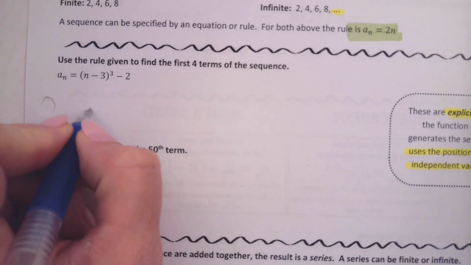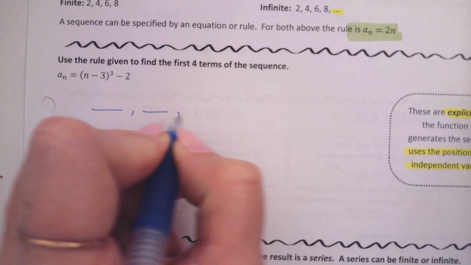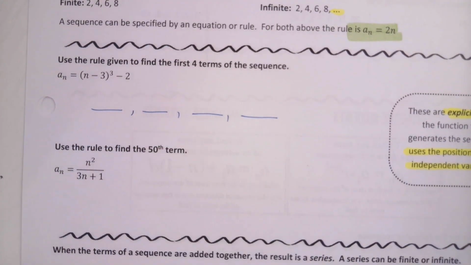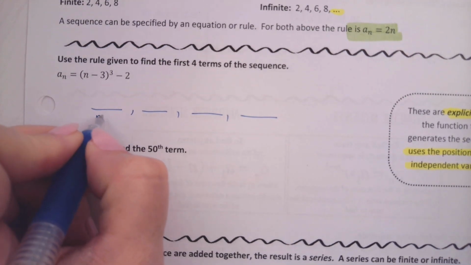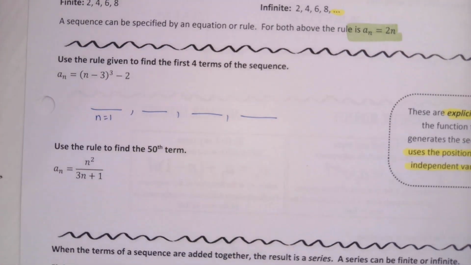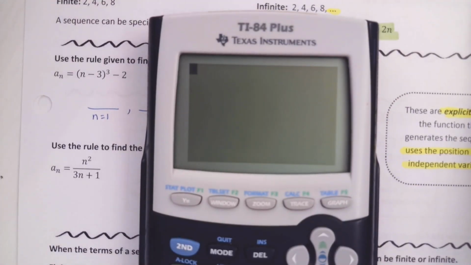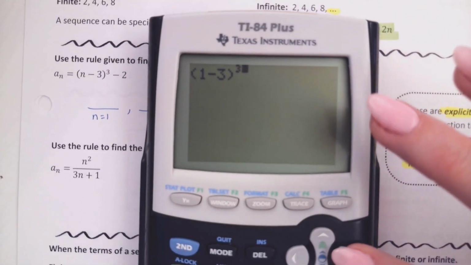All right, let's try it. Let's find our first, second, third, and fourth terms of this one. So again, to find my first term, I'm just going to plug in n equals 1, into the right side of the equation. I would say 1 minus 3 to the third power minus 2. Oh, minus 2 should not be in my exponent.